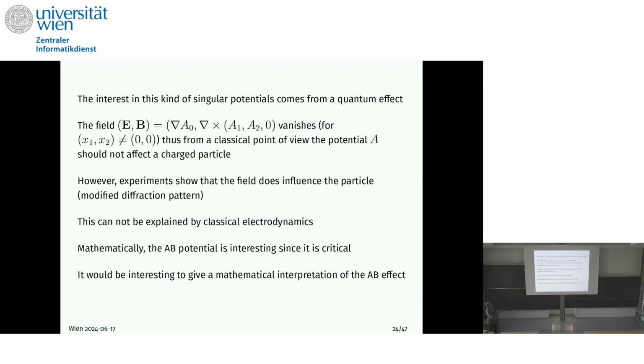Okay, so what can we say? There is also one partial justification to study this potential because it's interesting from a physical point of view. This is the mathematical model for a well-known experiment where you have a wire in 3D, but this is an infinite wire, so you use a 2D model to describe it.